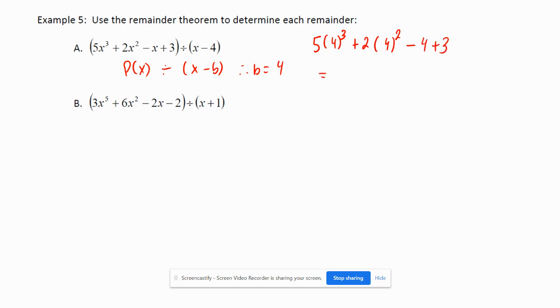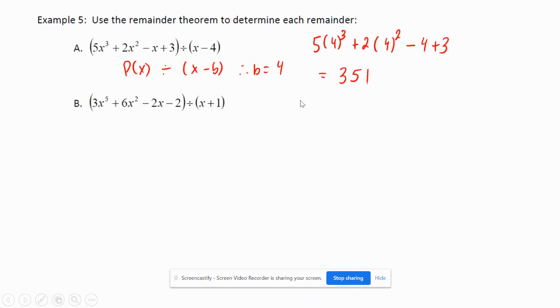I'm just going to do this on my calculator here: 5 times 4 cubed plus 2 times 4 squared minus 4 plus 3 equals 351. So here's our answer for this one.